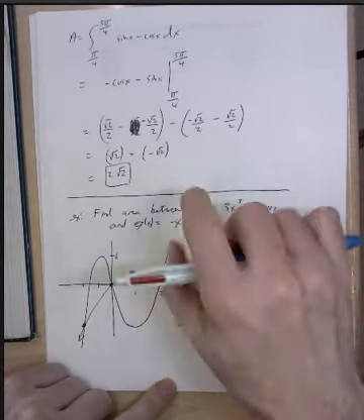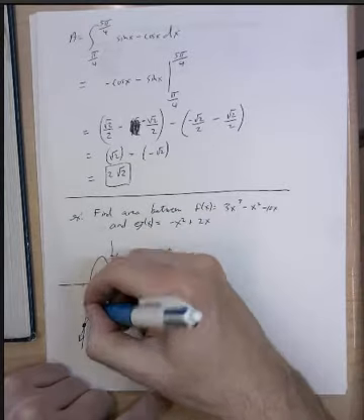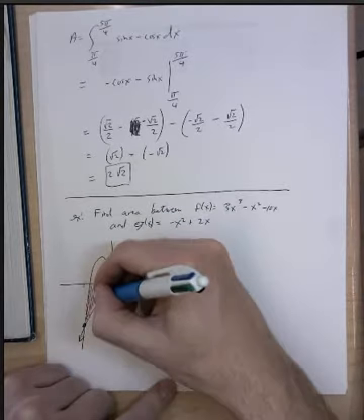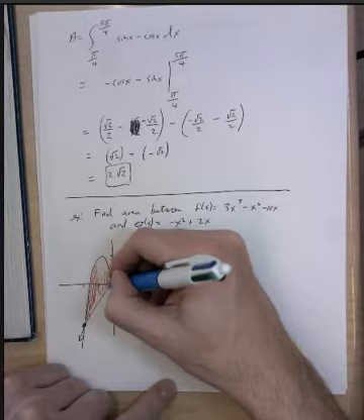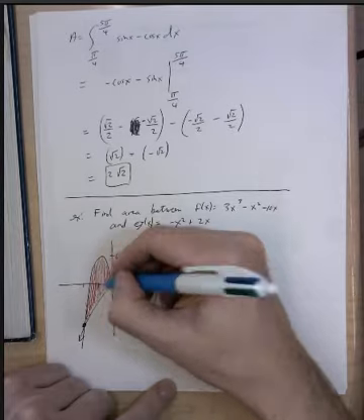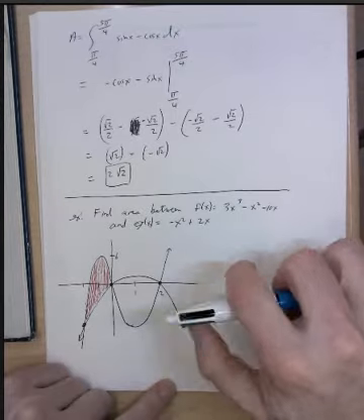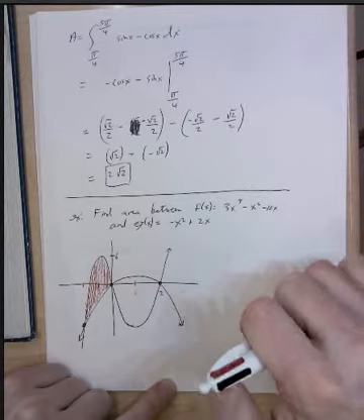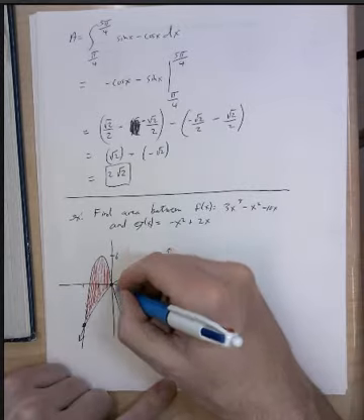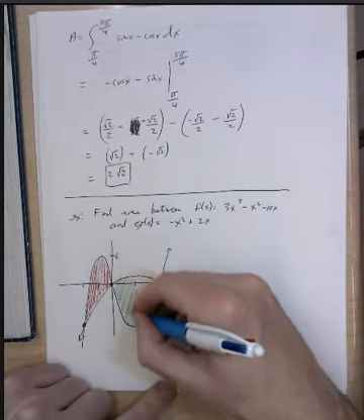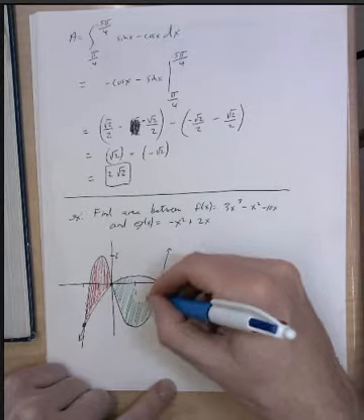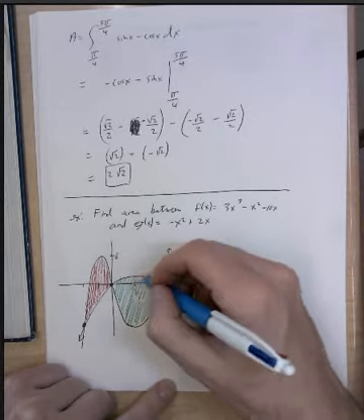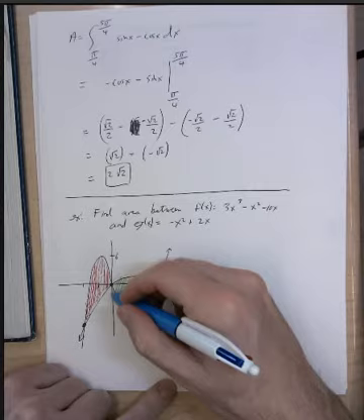And in the red region, we can see that the cubic function is on top. And in the green region, we can see that the quadratic function is on top of the cubic function, which is on the bottom.